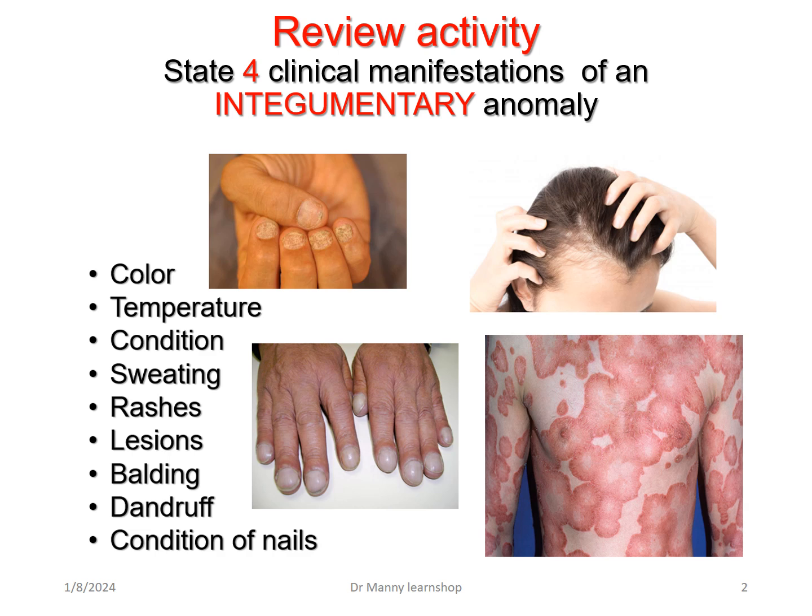Are there any rashes, lesions, any hair loss, such as in balding or alopecia? Is there any dandruff, and what's the condition of the nails? Remembering that what you see, inspection, is what you know. If you don't know what normal is, you won't be able to identify what abnormal is.